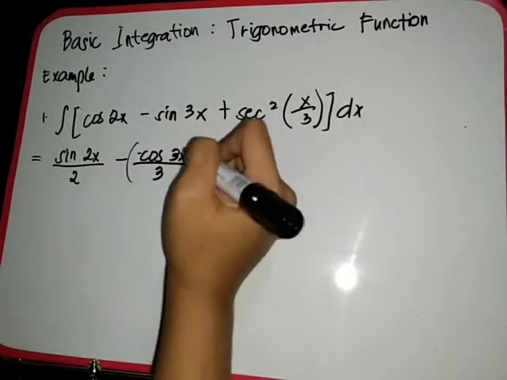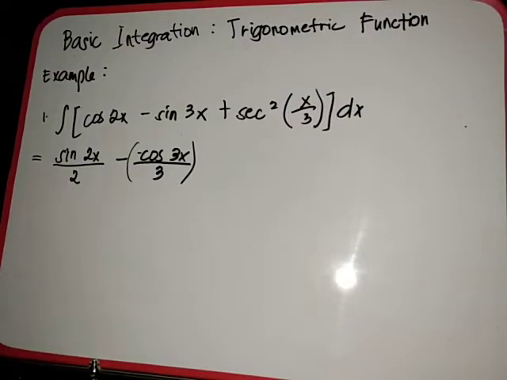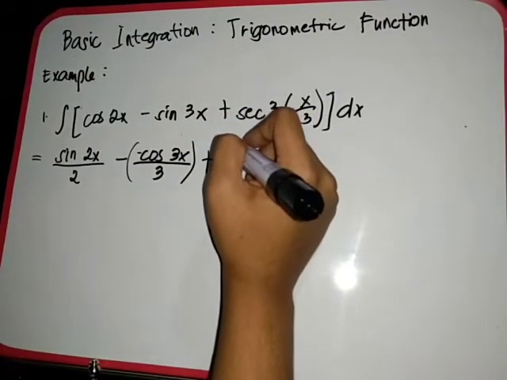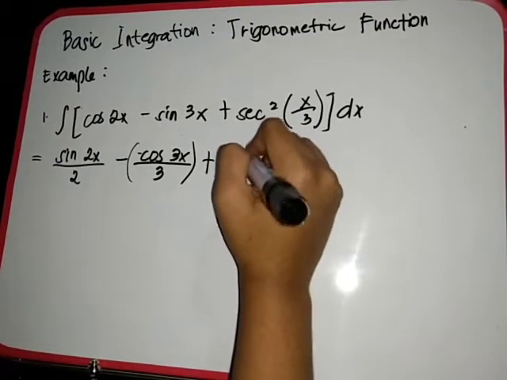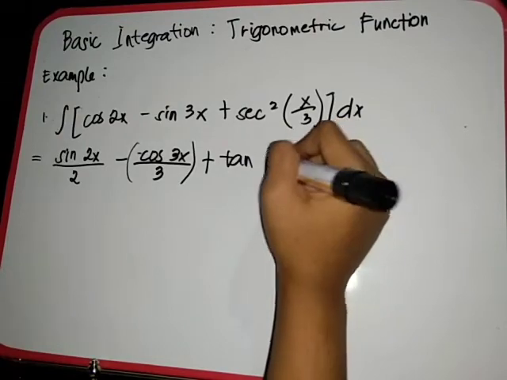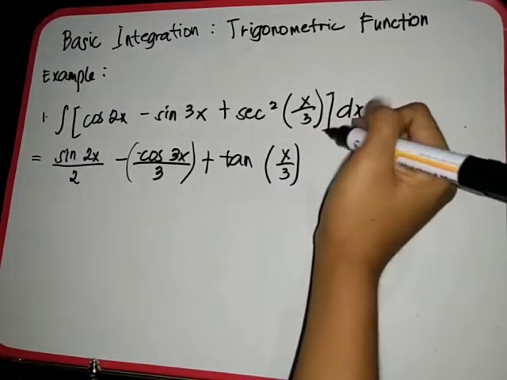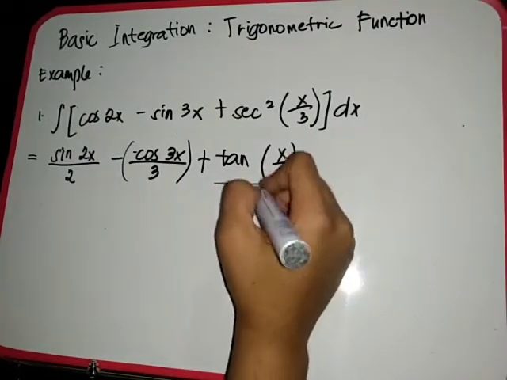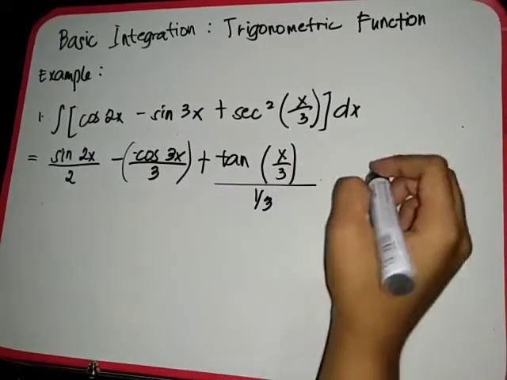So we have two negatives in parentheses, plus the integral of secant squared, which is tangent x over 3 over 1/3, plus c.